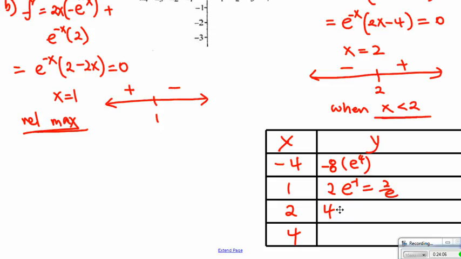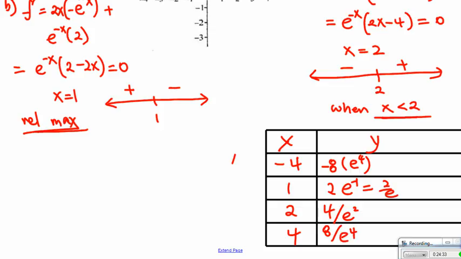Now, when x equals 2, 2 times 2 becomes 4, so 4 over e squared, which is about half. And when x is 4, this becomes 8 over e to the 4th power.